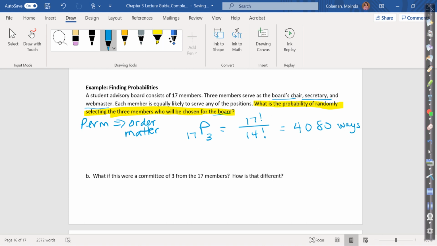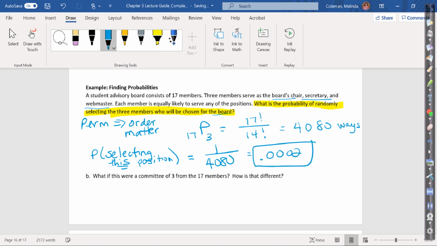So the probability of selecting this group in this order and position would be 1 over 4,080 ways, which is 0.0002. So if you're one of those members and you're afraid of getting selected, well, the chances of you getting selected at that point into a specific position are very small.